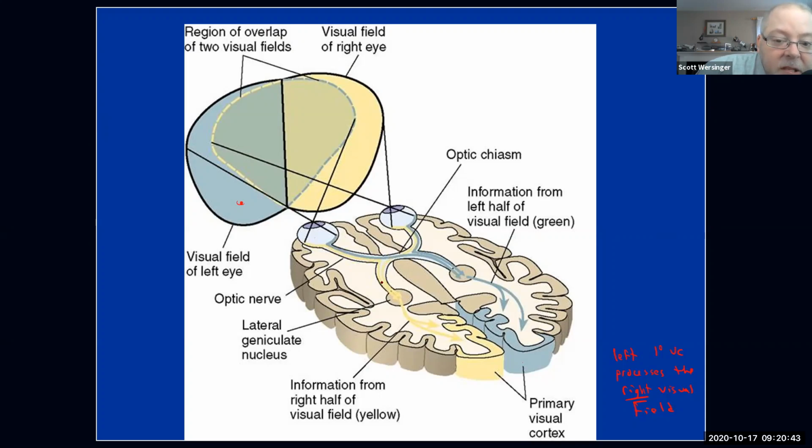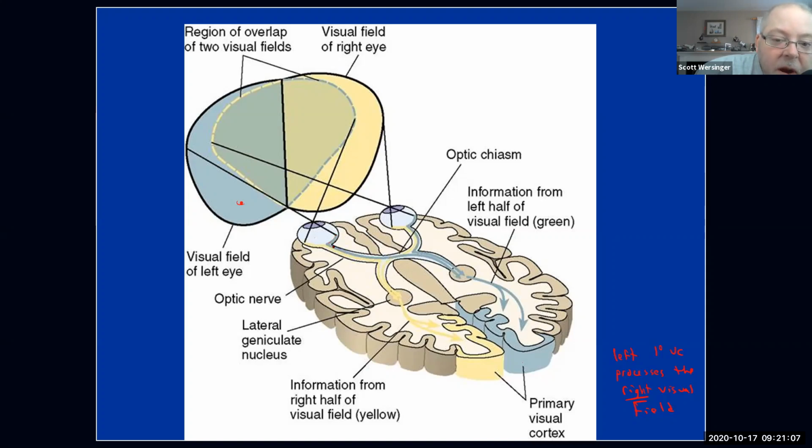That information is carried to the lateral geniculate nucleus, and from there to the primary visual cortex. The information from the left visual field, though, indicated in blue, has to get to the right primary visual cortex. So if we're in the left eye, on the left side of the body, we're going to have to cross sides.